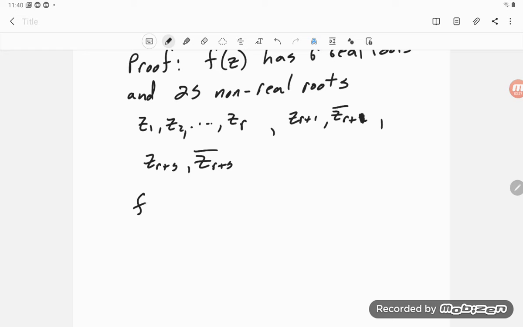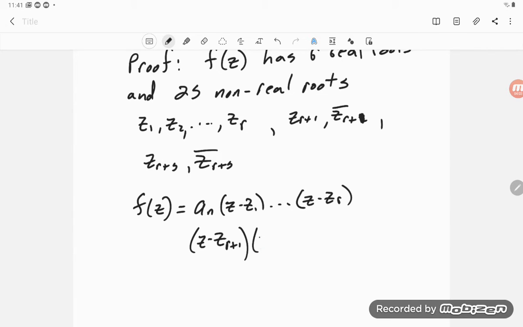If an is the coefficient on the highest degree term, we've got an times z minus z1 up to z minus zr, so there are all our real roots, and then times z minus z r plus 1, z minus z r plus 1 conjugate, and dot dot dot up to the last ones, z minus z r plus s.